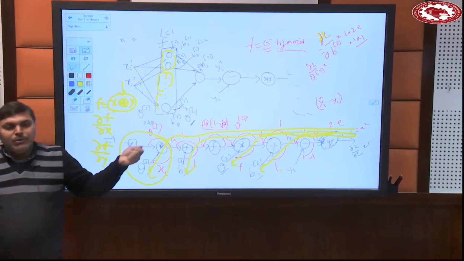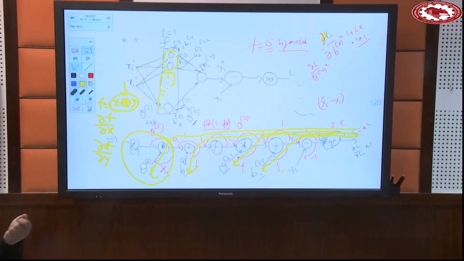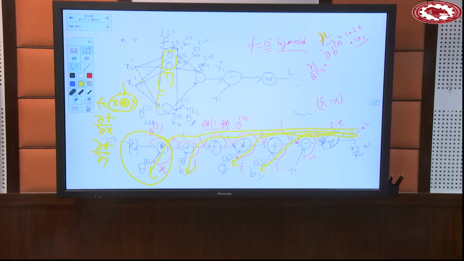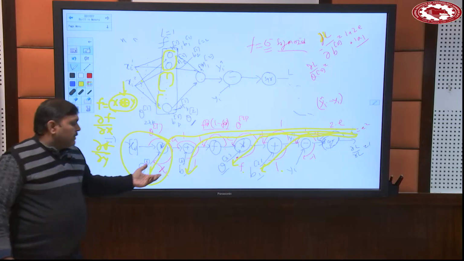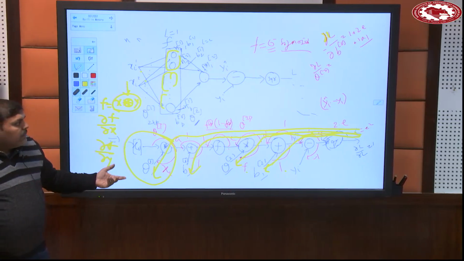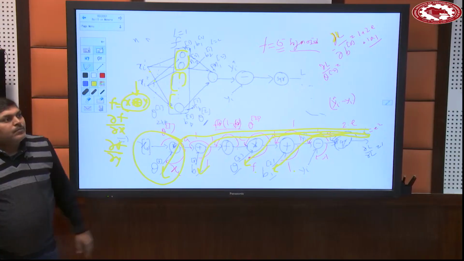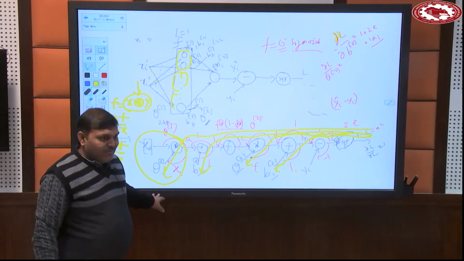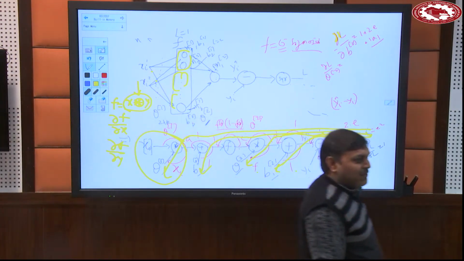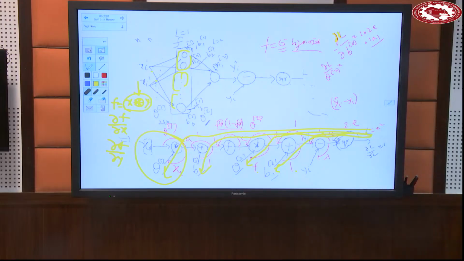For example, in a recurrent neural network, we unfold the cycle, recursion, and then we compute the gradient. So any network, if you are able to represent the computation as a directed acyclic graph, you can compute the gradient very easily. And by the way, this is the chain rule. If you write everything, every component here, multiplied, you will see that this is the chain rule.